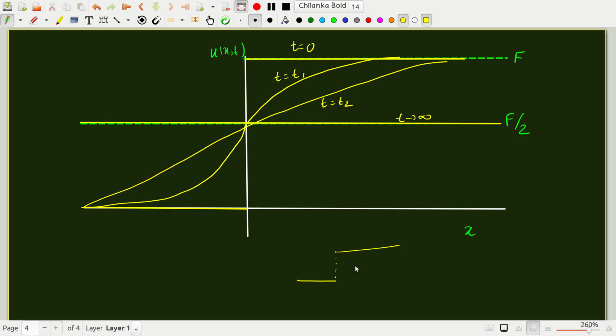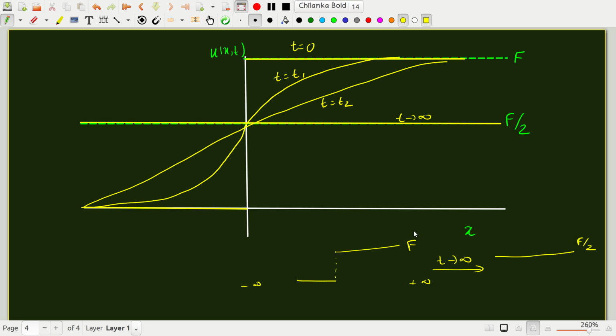That's the definition of diffusion, right? So if you have a step discontinuity of temperature or concentration, of jump f in the domain minus infinity to plus infinity, eventually the nature of diffusion is to equalize all the temperature or concentration everywhere to f by 2. That's what this solution is trying to tell you.